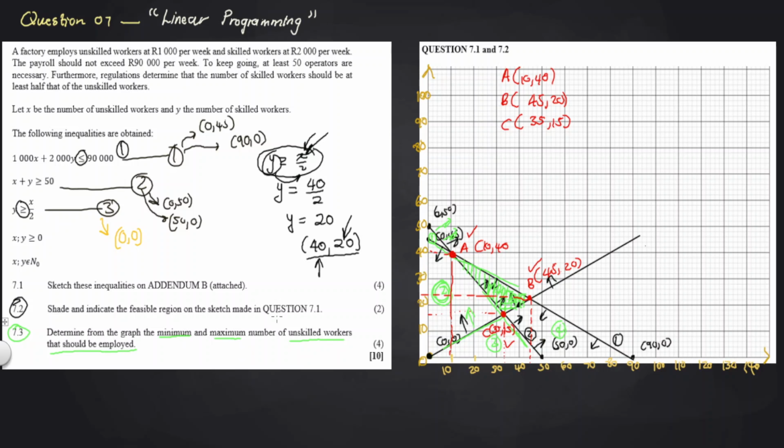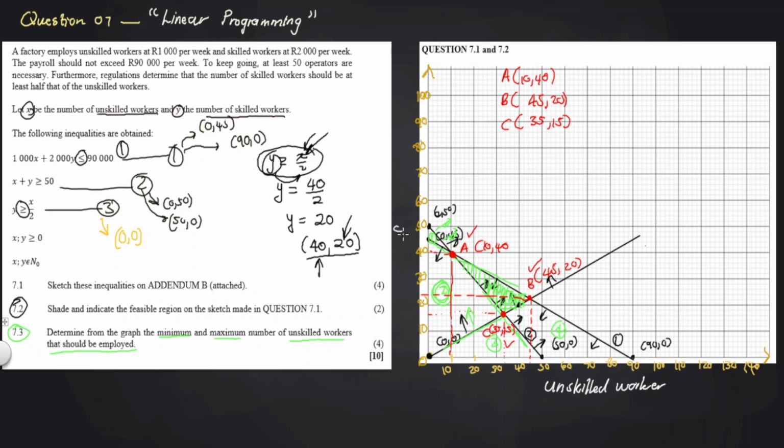If we label our graph, the x-axis represents our unskilled workers. How do I know this? Let x be the number of unskilled workers and let y be the number of skilled workers.